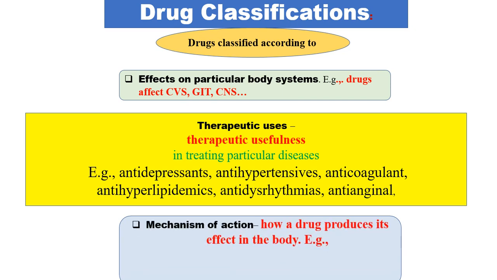Also, we can classify drugs according to the mechanism of action, how it acts. That means a diuretic acts on the volume of fluid in the body, to reduce it or increase it.